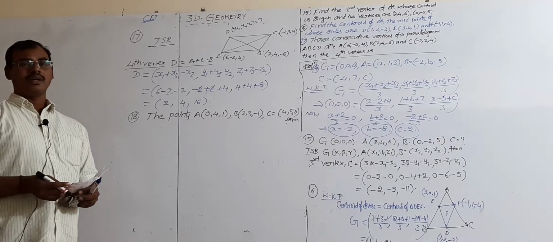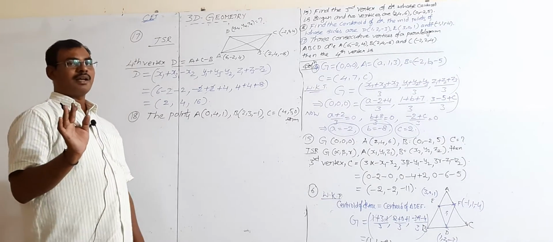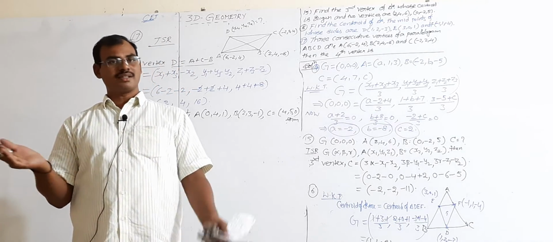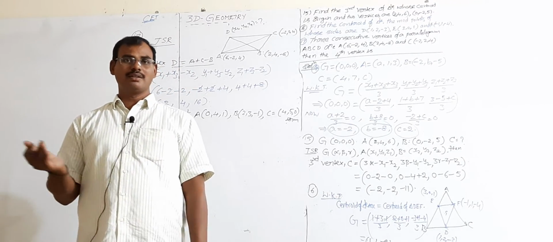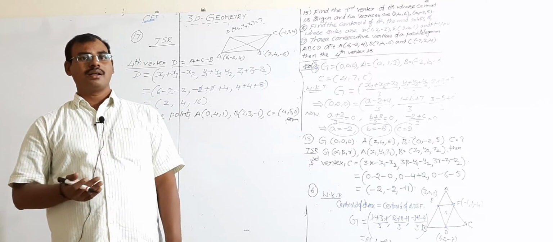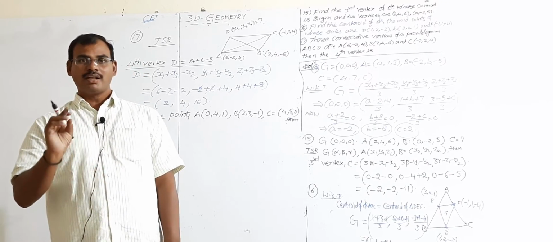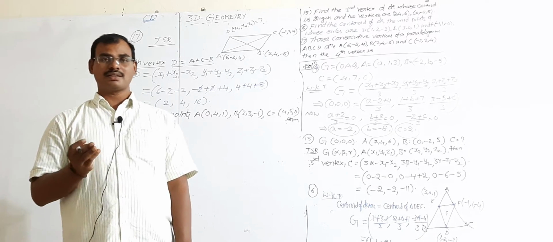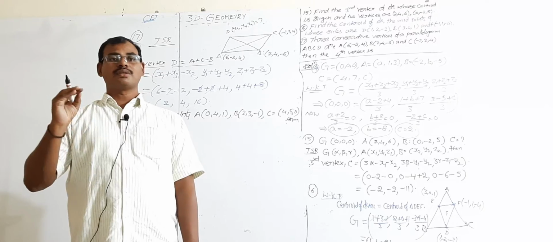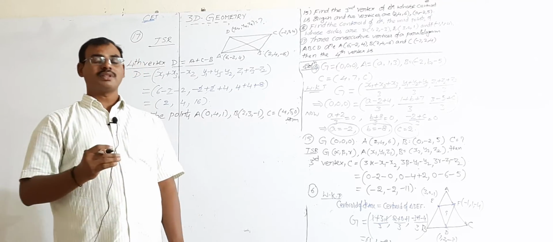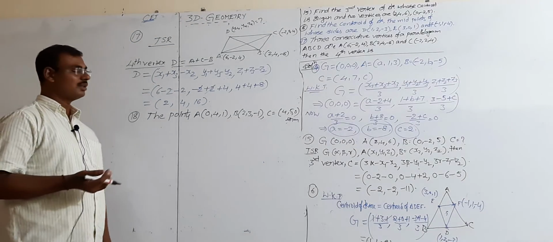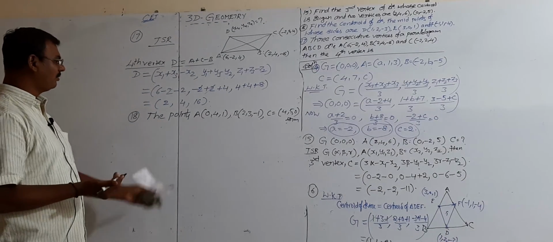To show an equilateral triangle, all sides must have equal lengths: if AB equals BC equals CA, then it is an equilateral triangle. If any two sides are equal, it is isosceles. If the square of the longest side equals the sum of the squares of the other two sides, it is the right angle triangle condition. We know these conditions very well.